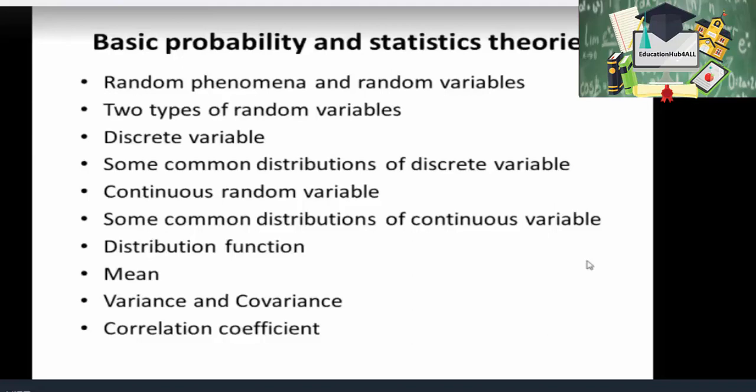In probability, we also talk about the distribution. What is the probability distribution? What is the mean? Even though it's a random number, the mean sometimes is fixed, and the variance is also fixed.